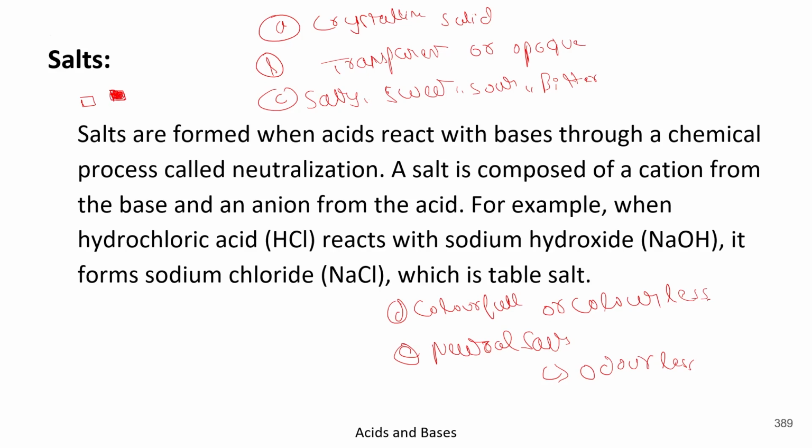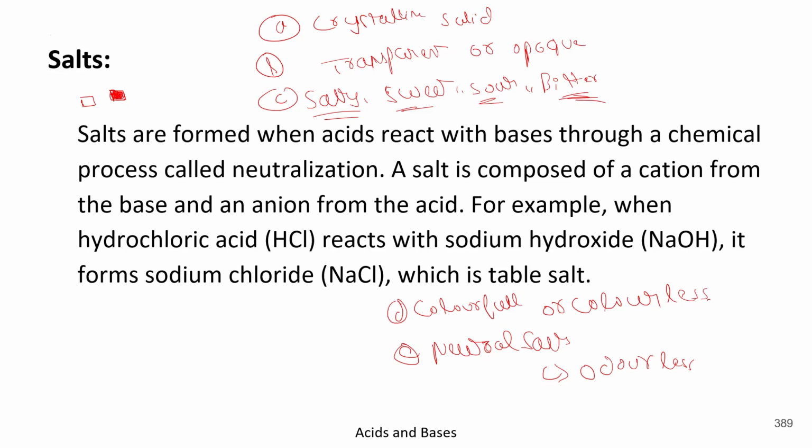Third point is the salts may be salty, sweet, sour, or bitter. Out of these four tastes, it may have any one taste. Fourth one is they may be colorful or colorless.